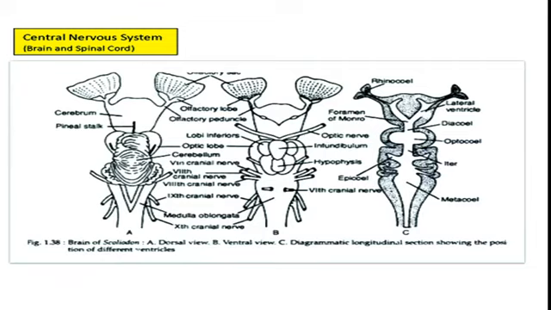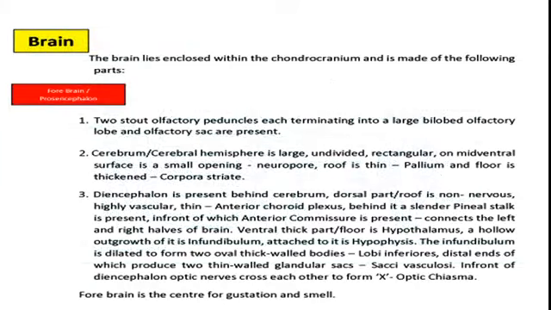Here the first figure is the dorsal view of brain of Scoliodon, the second one is the ventral view, and the third figure is the diagrammatic representation of the longitudinal section showing the position of different ventricles or cavities of the brain of Scoliodon. The brain of Scoliodon lies enclosed within the chondrocranium of skull, and it is made up of the following parts.